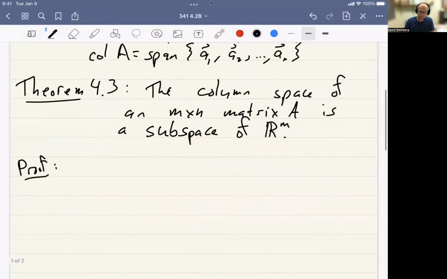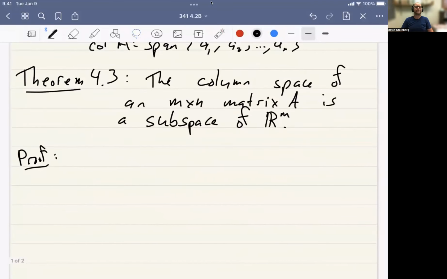Okay, and the first quick theorem we get is that the column space of an m by n matrix is a subspace of Rm. And the proof is really quick. We saw a theorem last section, Theorem 4.1, that any span of vectors is a subspace, and so this is a span, so it's a subspace.